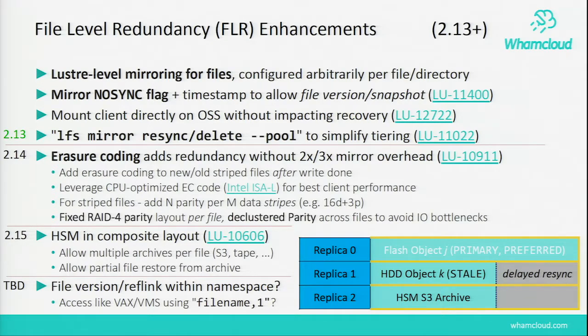And we're using the Intel ISA-L library so that it will be very efficient CPU instructions to compute the erasure code. And you can have an arbitrary number of failure domains depending on your configuration. You can have 4 parity stripes if you want.